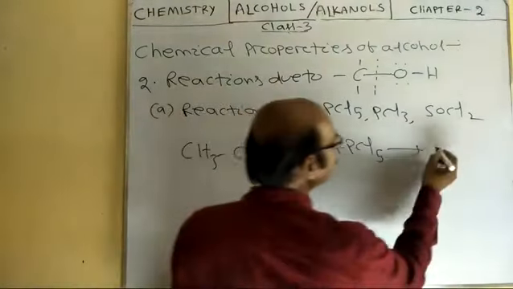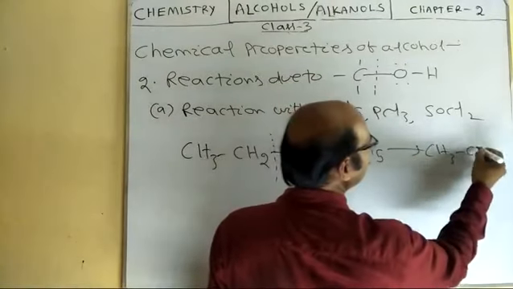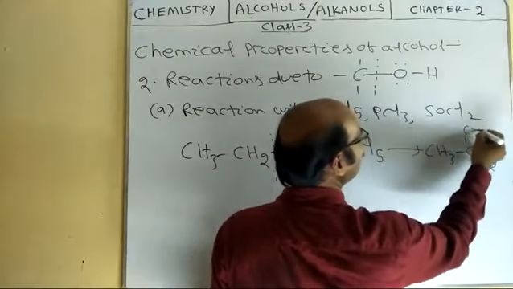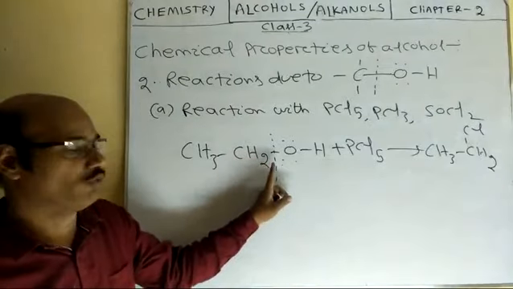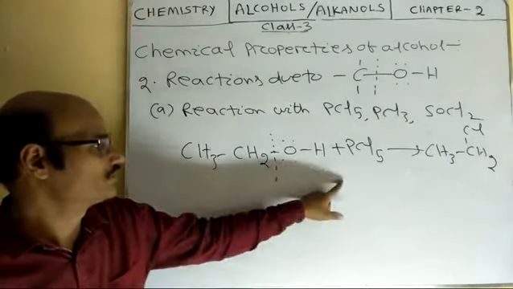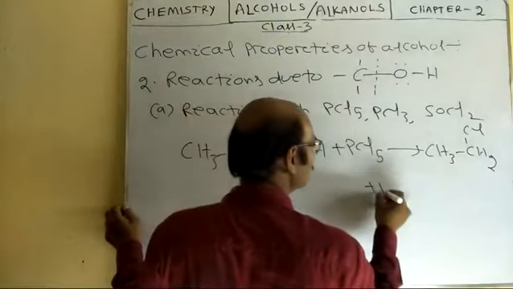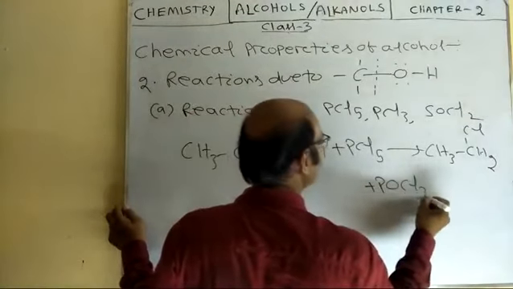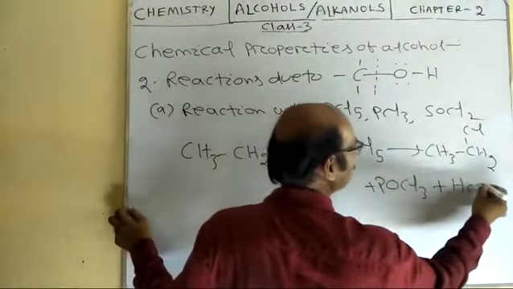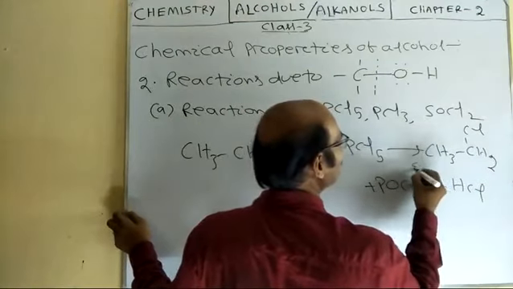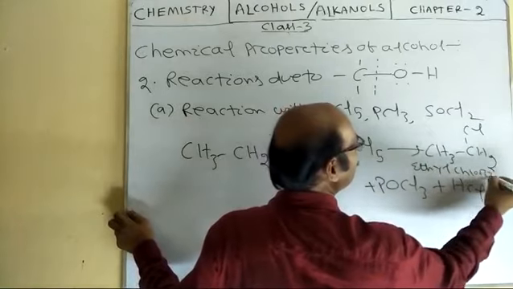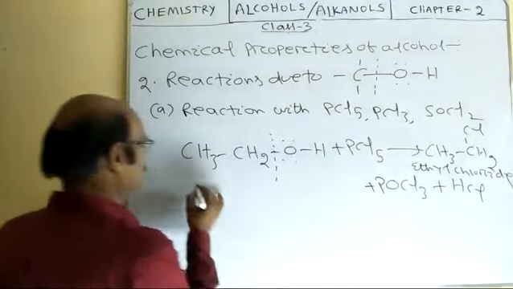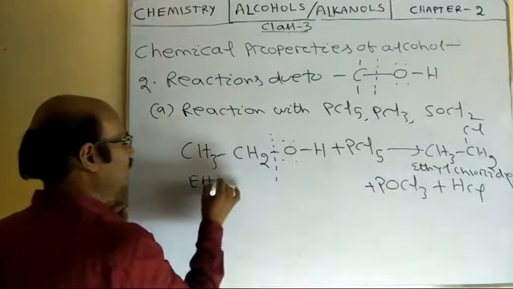So we will get CH3CH2Cl, the bond will break from the C-O, plus POCl3 plus HCl. This is ethyl chloride, from ethyl alcohol.